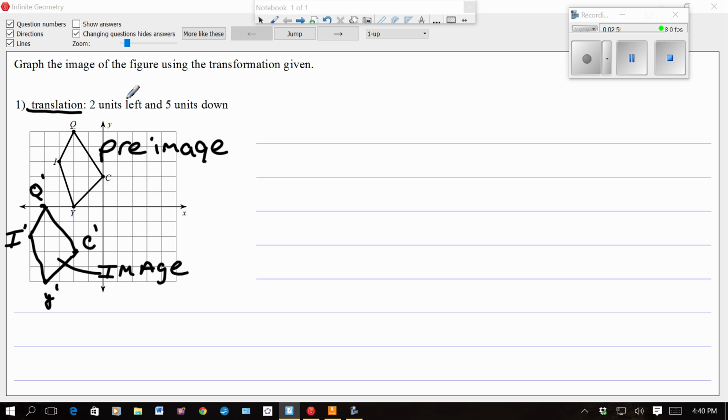So I could say 2 units to the left and 5 units down for every single point on this quadrilateral, but we take the ones that kind of define this object. There's 4 vertices, so we move those, and that will include all the other points.